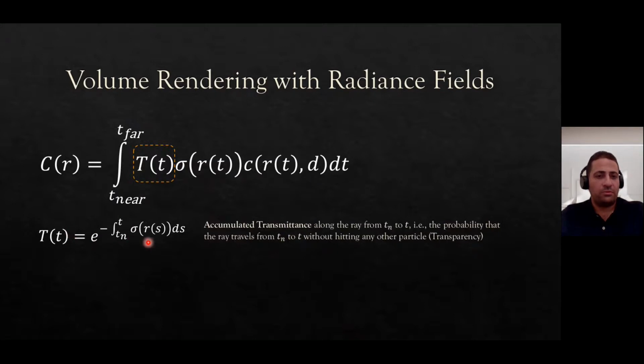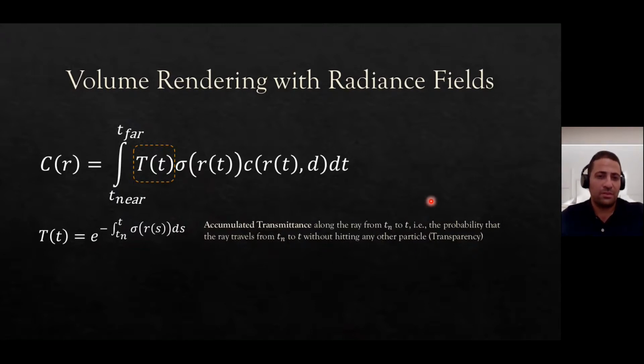So this is the capital T function. It's an integral from t near to t, the point that I'm assessing, of the sigma function of this ray. This basically represents the transparency of the volume or the media that the ray traveled through until it reached the point t. It might hit something along the way, or maybe it would hit something but it's transparent, or how transparent is it?